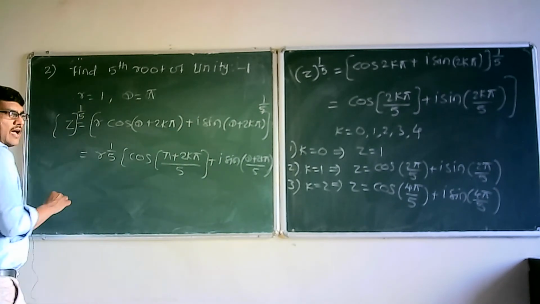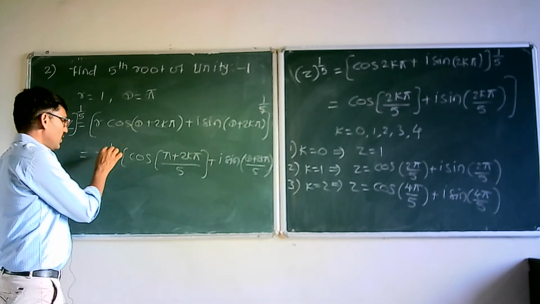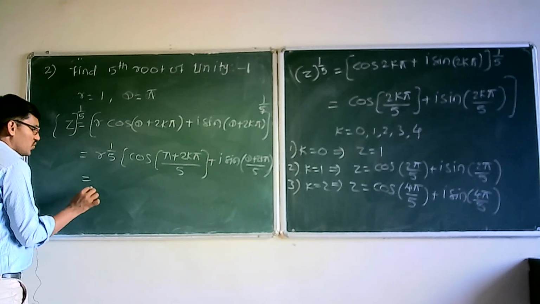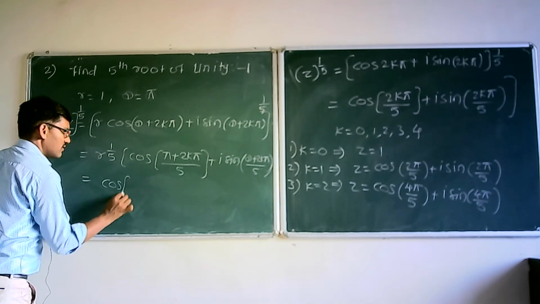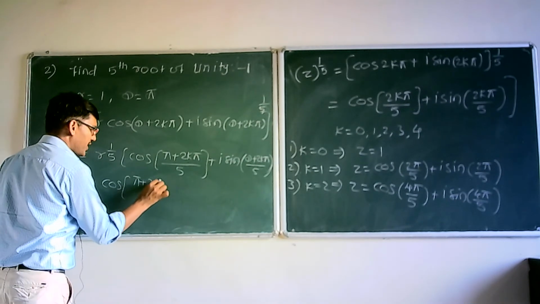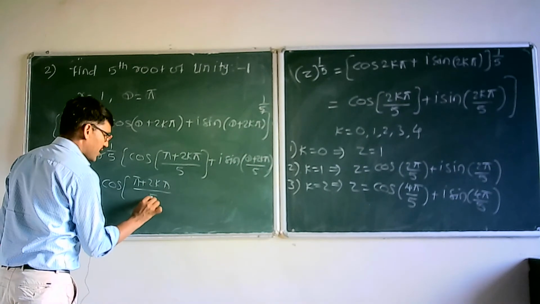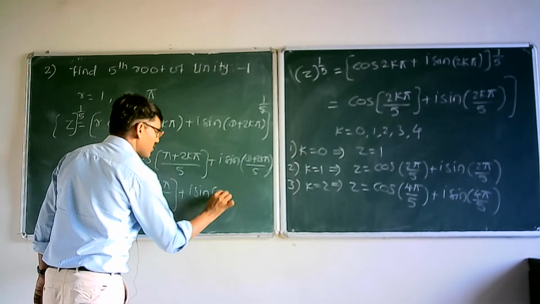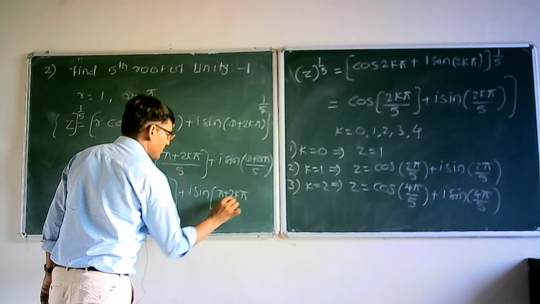Now what is r? r is 1. So 1 raised to 1 by 5 is 1. So minus 1 raised to 1 by 5 is cos of pi plus 2k pi divided by 5 plus i times sin of pi plus 2k pi divided by 5.